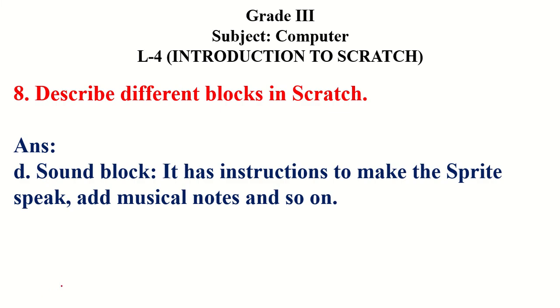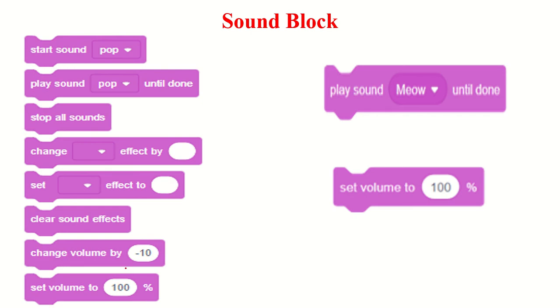Next is sound block. Sound block has instructions to make the sprite speak, add musical notes and so on. Different blocks are categorized according to the instructions they actually have in them.